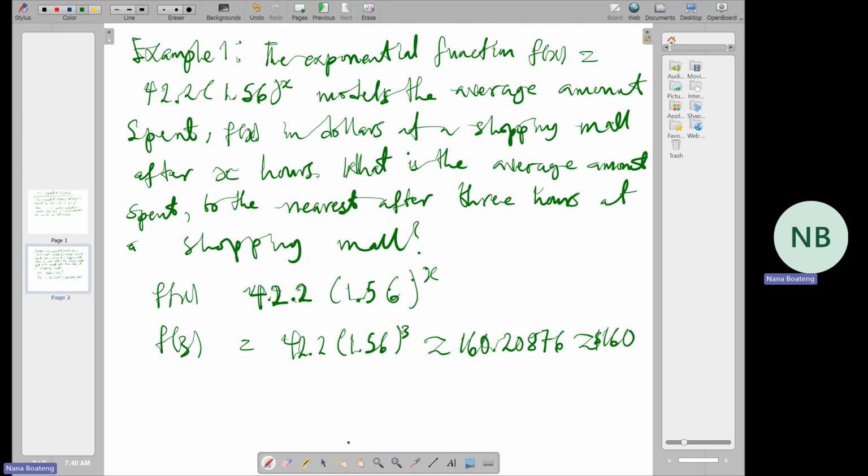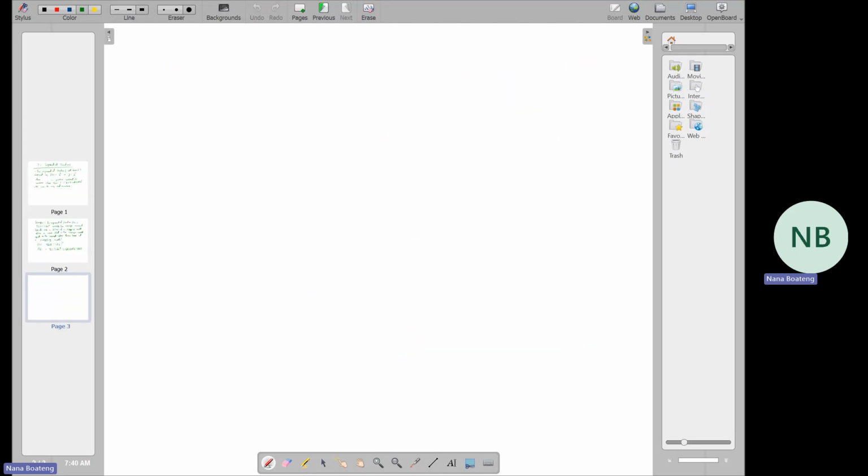Let's look at another example, example 2, where we try to graph an exponential function. Graph f of x is equal to 3 power x. Let's pick some x coordinates and find the corresponding y coordinates. Then we get a pair of points that we graph.